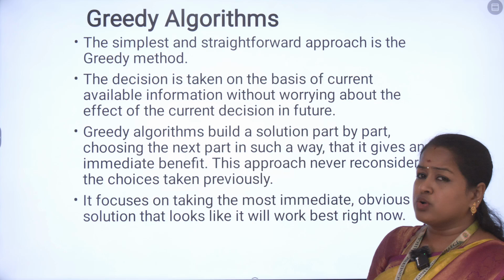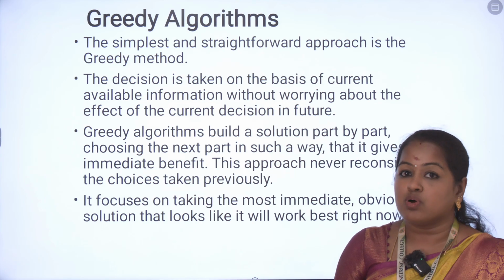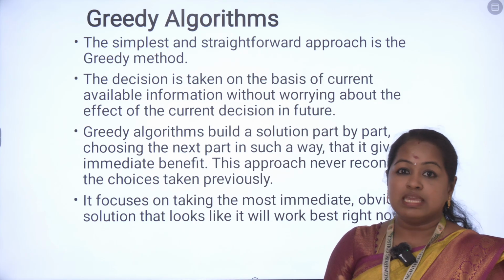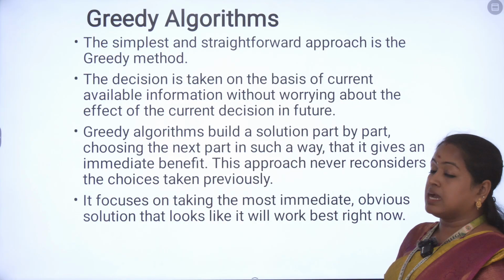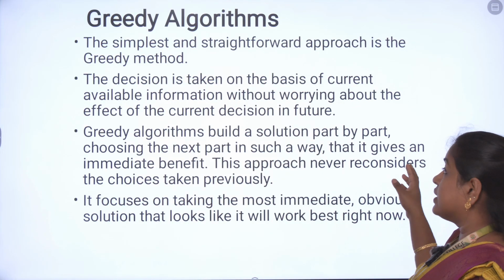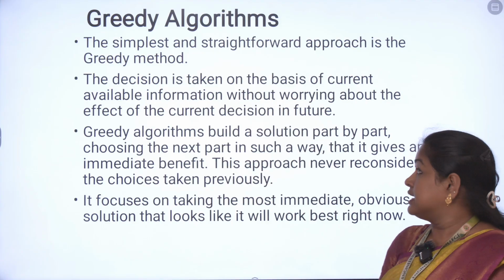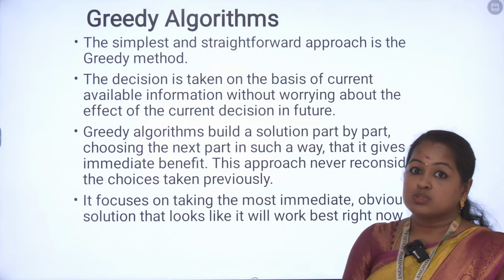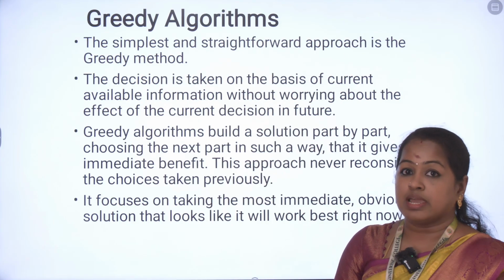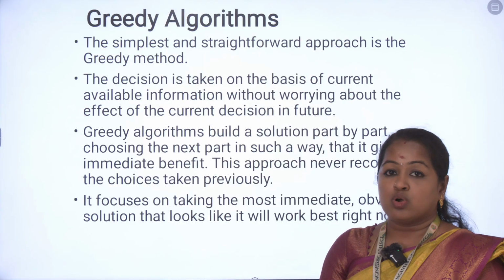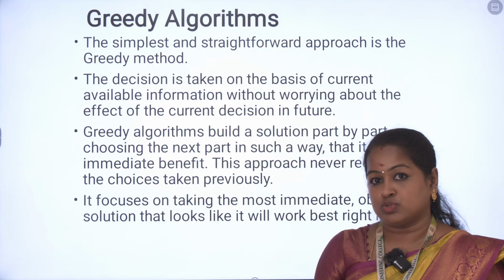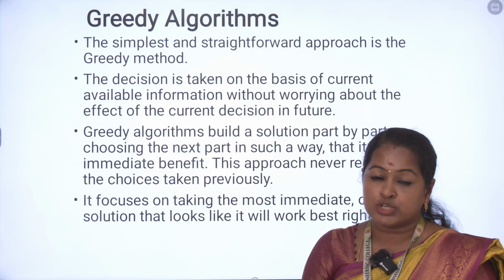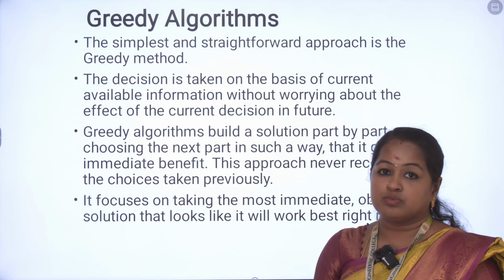The greedy algorithm is a very simple and straightforward approach to solve any kind of problem. The decision is taken based on the currently available information without worrying about the effect of the current decision in the future. Whatever decision we take right now should not affect the future. We are not going to consider the future and we take the solution for right now.